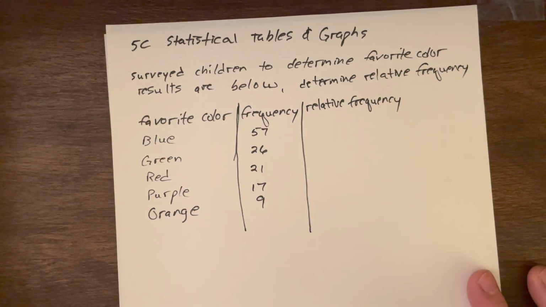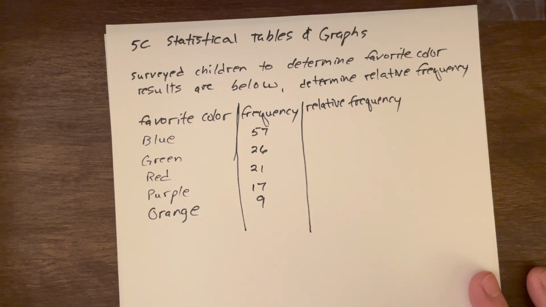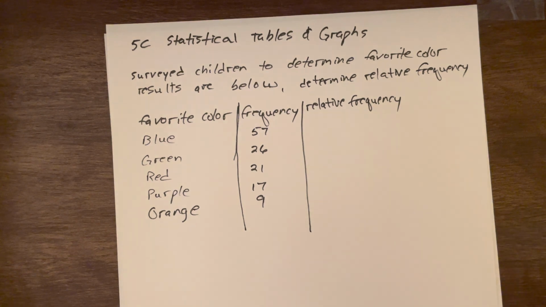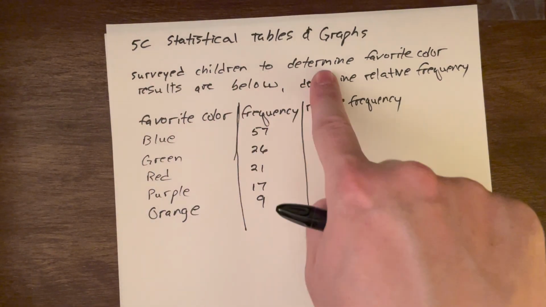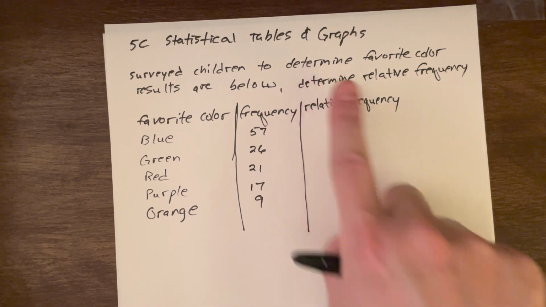The way to find relative frequency is literally the fraction of values that appear in each category. So that formula we had the other day: the frequency from one category over the total number of sampled items. Here, I told you we surveyed children, and sometimes they tell us how many children or how many objects.